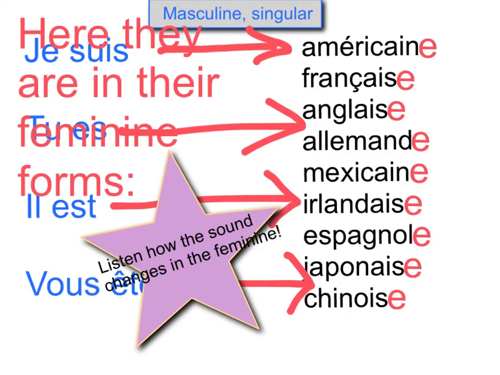Instead of américain, which was the masculine, we have américaine, française, anglaise, allemande, mexicaine, irlandaise, espagnole, japonaise, chinoise. Now the only sound that didn't change was espagnol because we're already pronouncing the L. Okay? All the other ones, the E made us pronounce that consonant because it's no longer the last letter of the word.